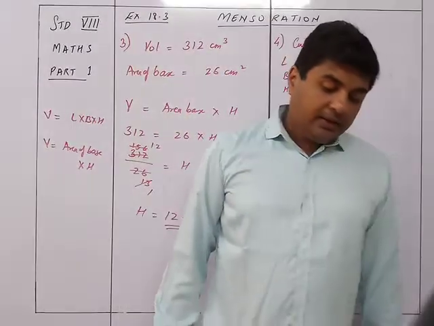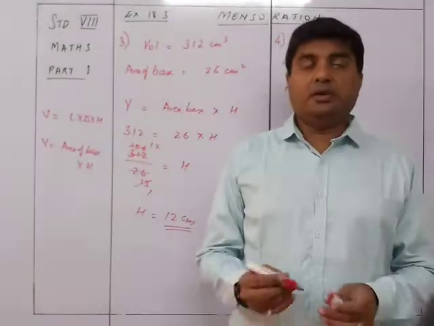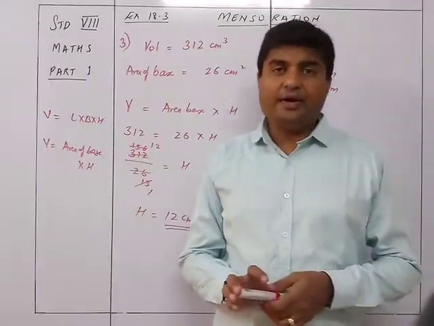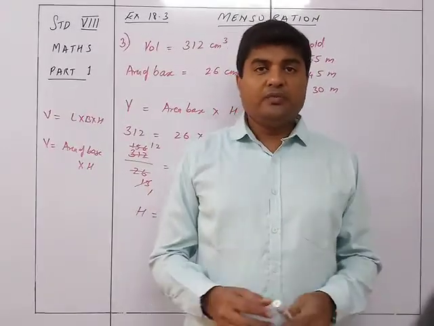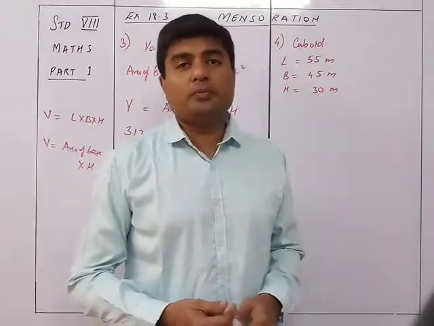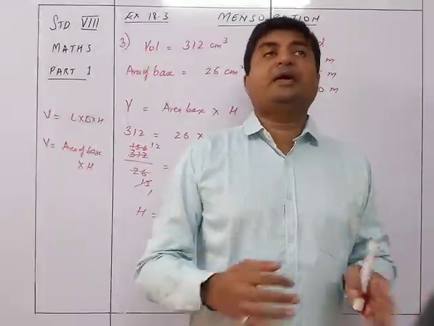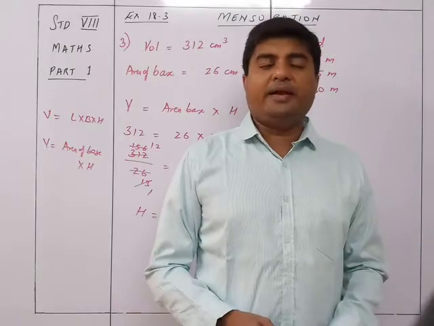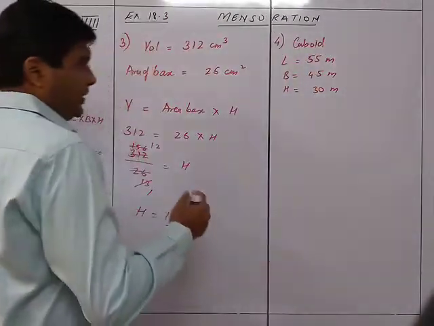So you know that the godown is a room, and in that room you are going to place boxes which are of 1.25 meter cube volume. So if I want to find out how many boxes can be accommodated in that godown, what I need to do is a simple formula over here.